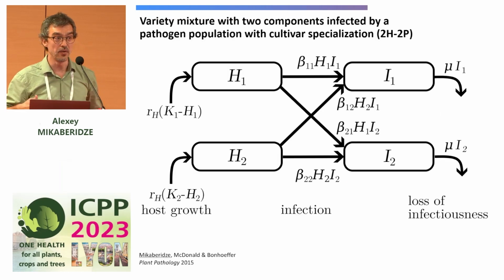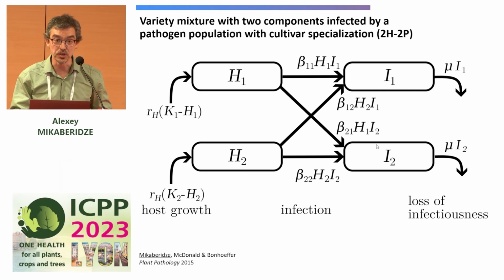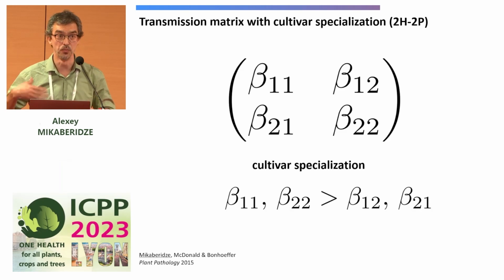But now we can have a more interesting scenario if we consider that the pathogen population can consist of two distinct subpopulations that can specialize on each of the host cultivars. And here, of course, it depends on the associated transmission rates. So here we have 4 different possible pathways of transmission, and so 4 different transmission rates, which we can arrange into this transmission matrix.